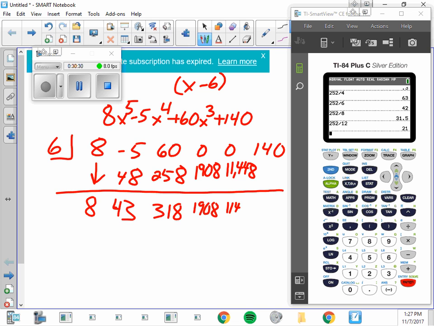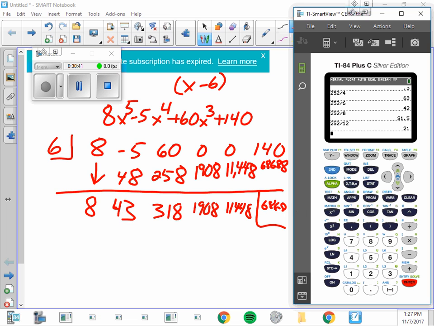So 11448. 68688. Oh my goodness. All right. Is x minus 6 a factor of that polynomial? No, because we did not get remainder 0. Wow. I really can't believe they did that to us. Let's try one more and see if we can get one that actually works.